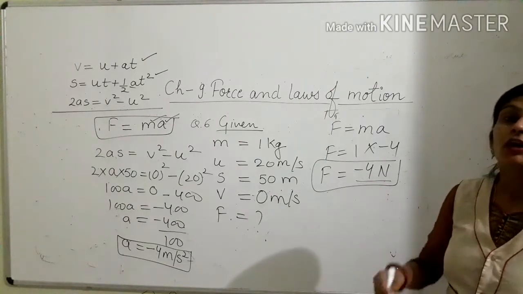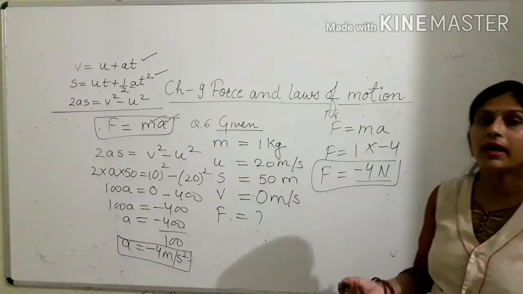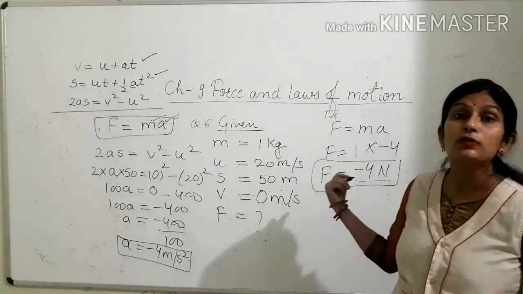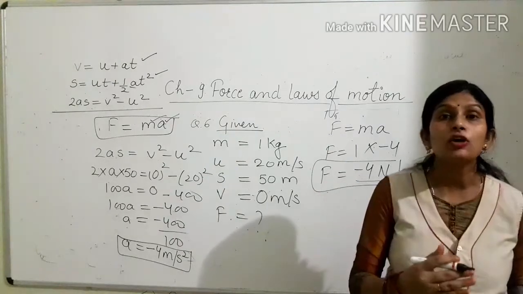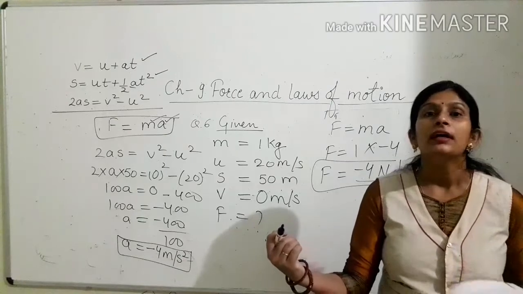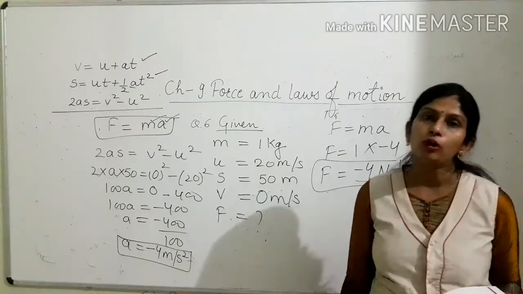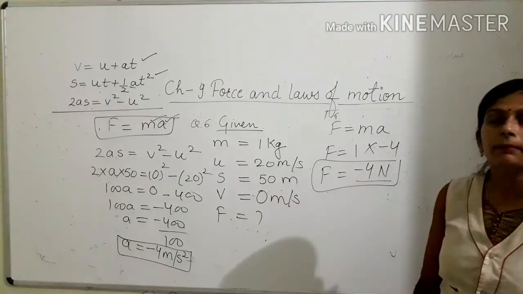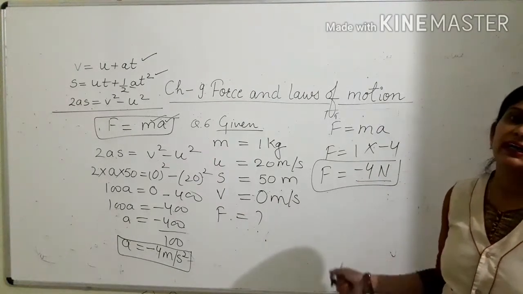Obviously it will be negative. Why? Because this is a frictional force, an opposing force which acts on the object in the direction opposite to the direction of the motion of the object. So it will come in minus or negative.